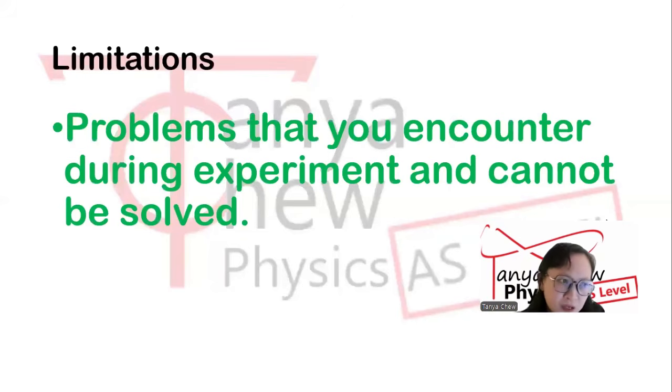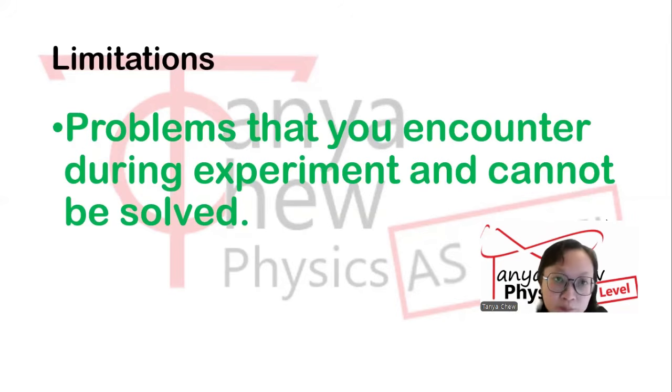Do you think using a meter rule to measure the thickness of the papers will be accurate? No, right? But you are not given the correct apparatus. The correct apparatus to measure the thickness of the paper is either vernier calipers or a micrometer screw gauge. That could be one of the limitations that cause your readings to be very inaccurate. So you can talk about that.